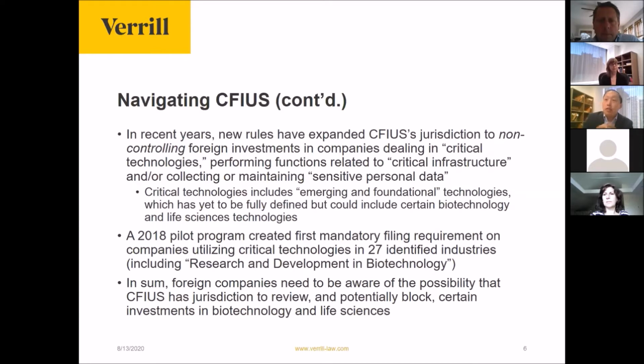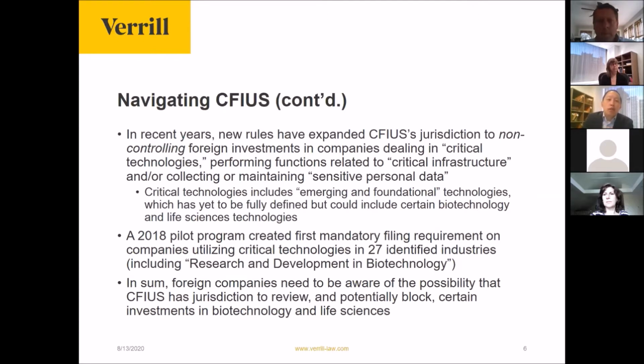Each of these phrases, right, critical technologies, critical infrastructure, sensitive personal information, they're all specifically defined, right? Critical technologies is defined to include certain specified categories. Just as an example, certain nuclear facilities, equipment, material, certain defense services, things of that sort.